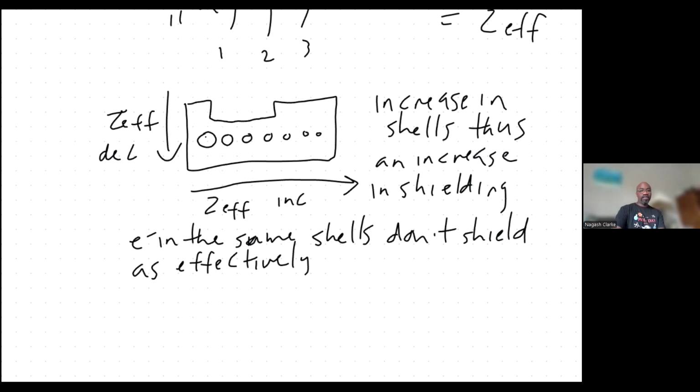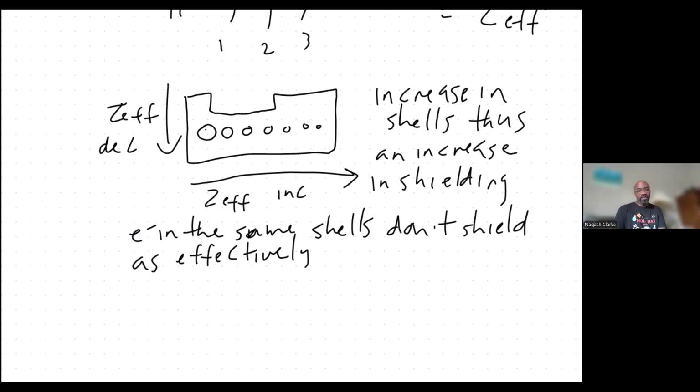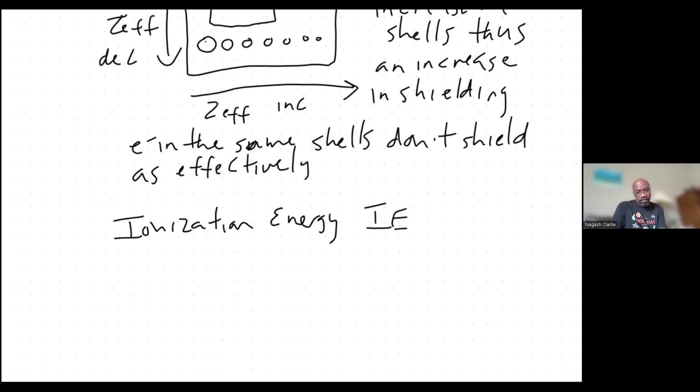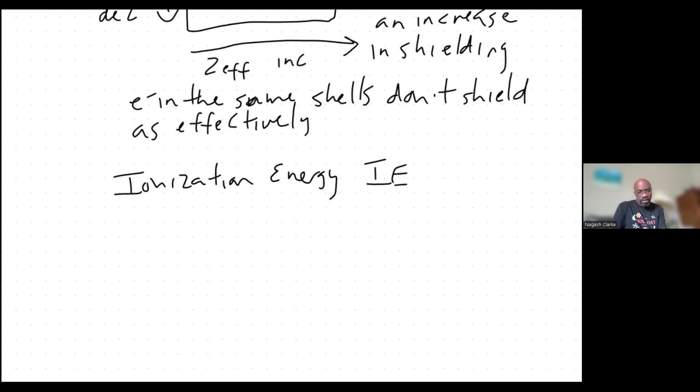Now, effective nuclear charge explains other phenomena like ionization energy. Ionization energy, i.e., ionization energy is defined as the energy required to take an electron from an atom in its gaseous phase.